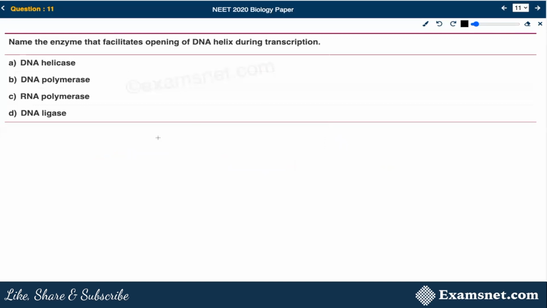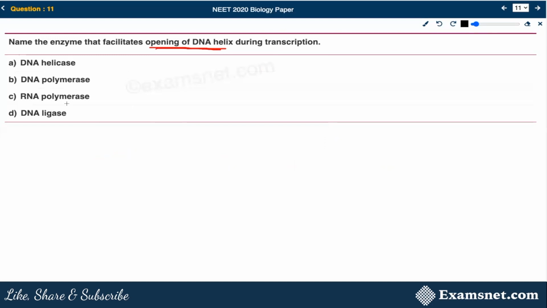So this says, name the enzyme that facilitates the opening of DNA helix during the transcription process. Now, the opening of DNA helix, remember, it is talking about during the transcription process. Transcription means a process in which the DNA will be converted into mRNA. All right.